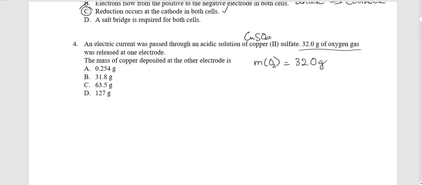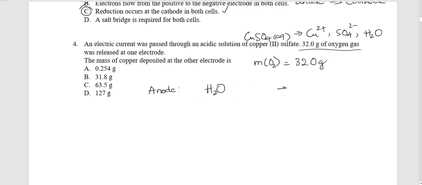This is copper sulfate aqueous. So we have Cu2+, SO4 2-, which will be treated as a spectator ion, and H2O. So the anode reaction is going to be O2 plus something. I actually don't remember. That's actually wrong. I don't know why I have O2 there. All right, my bad.